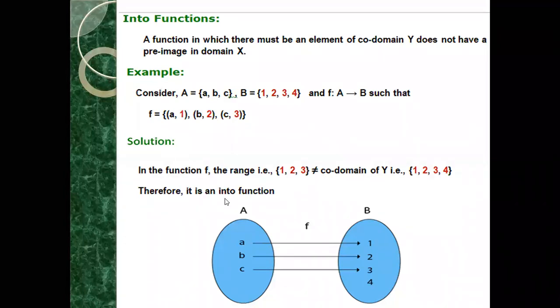Therefore, it is an into function. So what is an into function? If an element of the codomain doesn't have a pre-image in the domain, that type of function is called an into function.